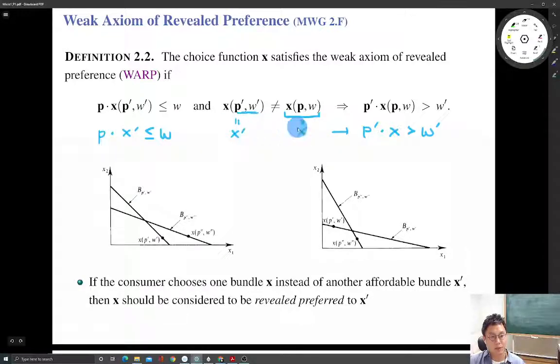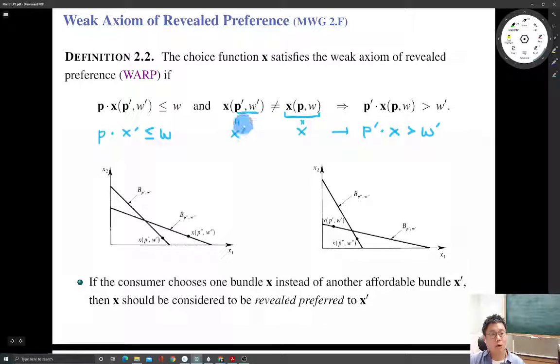So between these two affordable alternatives, we observe that the consumer chooses this bundle X instead of this X prime. It means it reveals that the consumer prefers bundle X over bundle X prime. Okay, so this statement tells us X is revealed preferred to X prime.